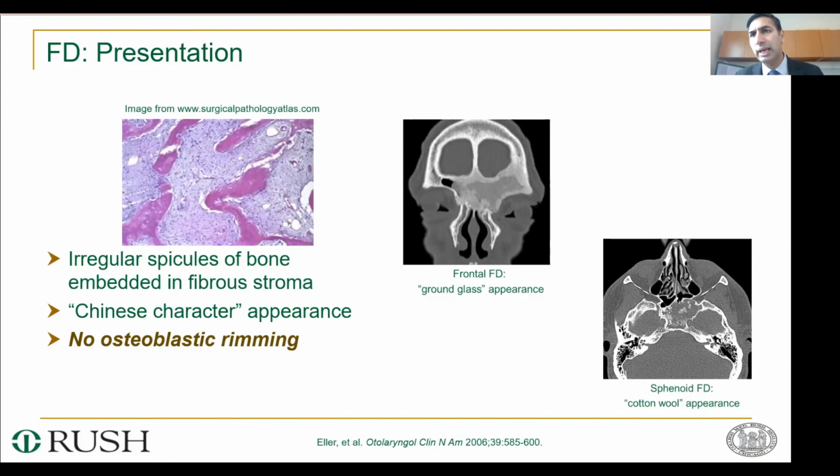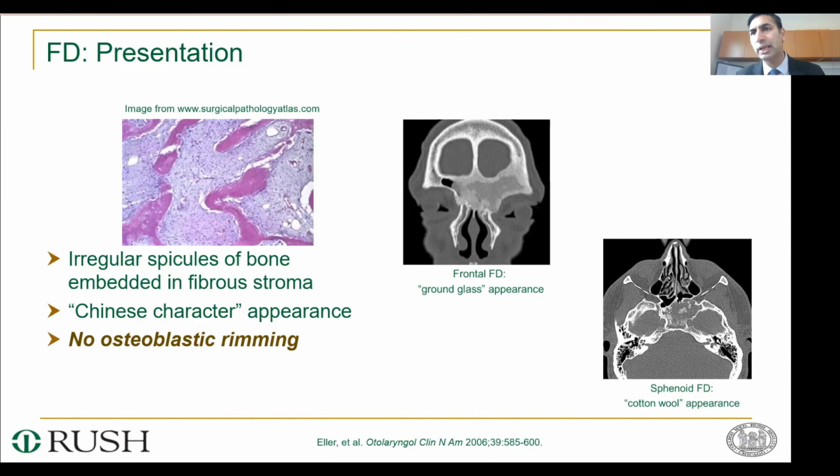We've also looked at this data and looked to correlate the CT findings with histopathology. This was a paper that was published about a decade ago. And typically for the radiographic appearance for osteoma and fibrous dysplasia, there is good correlation of the preoperative CT imaging with the histopathology.